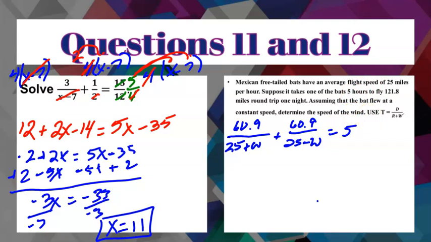So now I'm just going to solve for W, but remember I need to get rid of the fractions. So to get rid of the fractions, I'm going to multiply by the least common multiple, which in this case is going to be 25 plus W times 25 minus W. So I'm going to do that to all three parts.